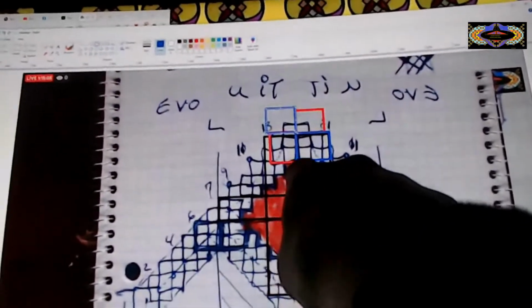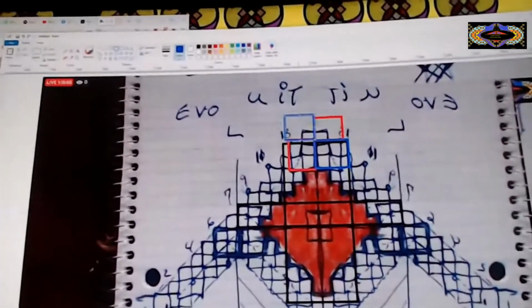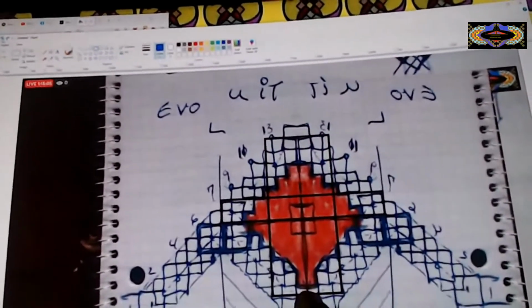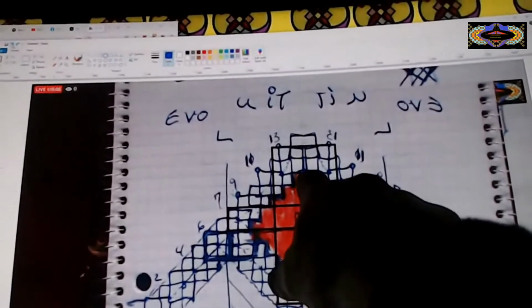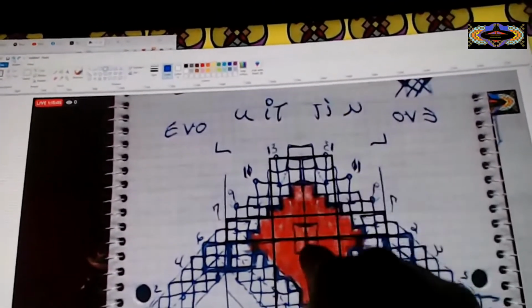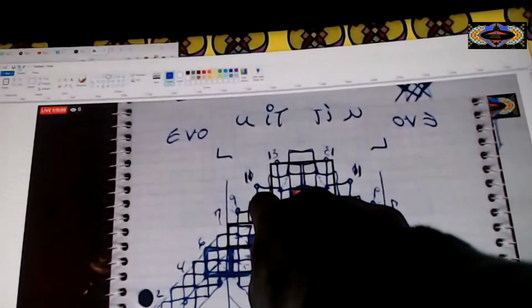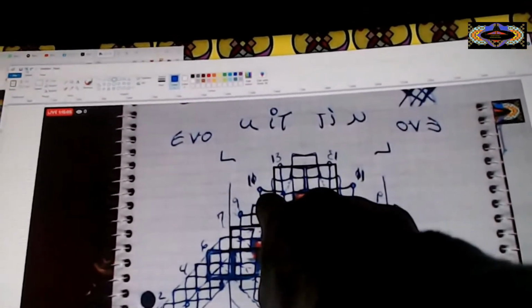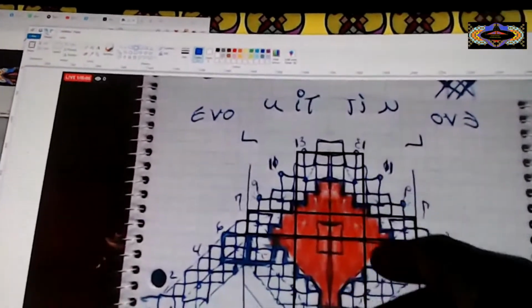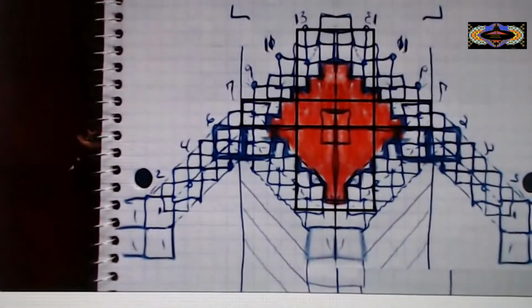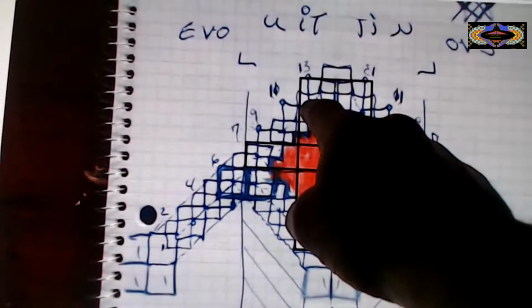And secondly, what I want to show you is that here I left a gap. Okay, the reality is, if I get this done properly, let me take a look. This one, this one, this one, skip one, this one, skip one, this one here. Just give me a second to look at this. 7. This one is 9. This one's 11.